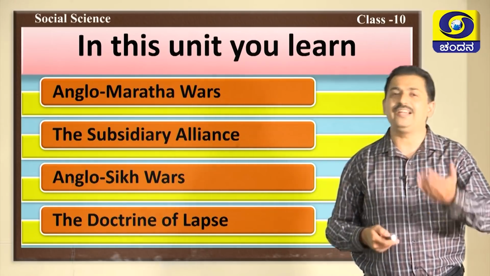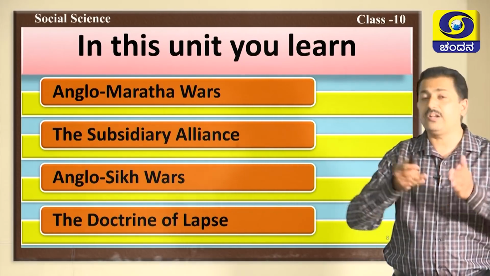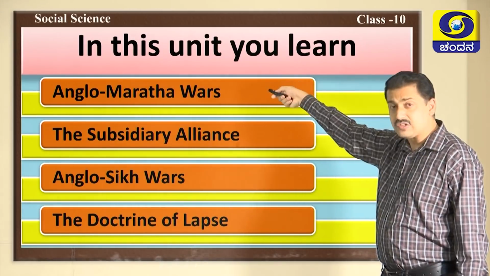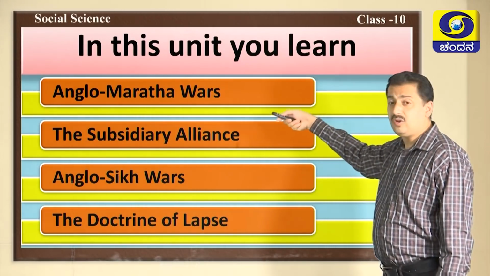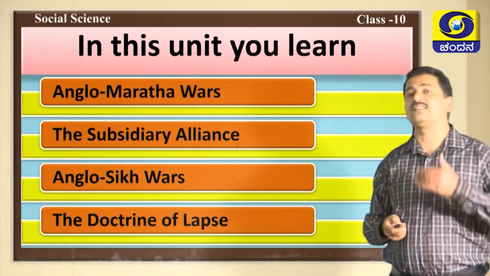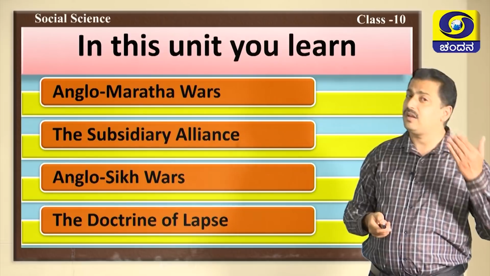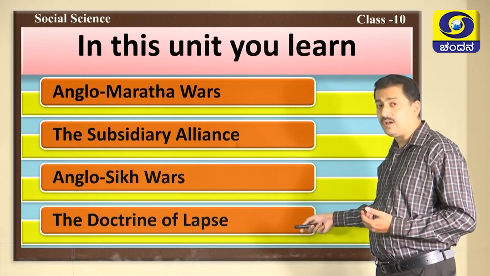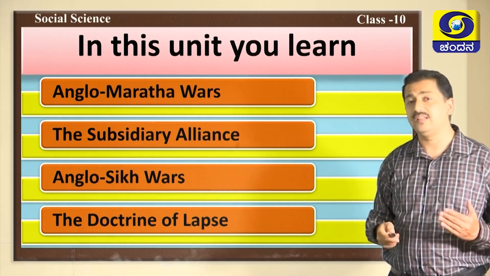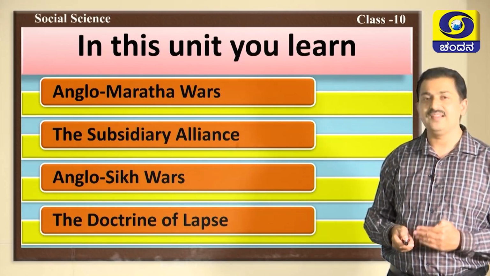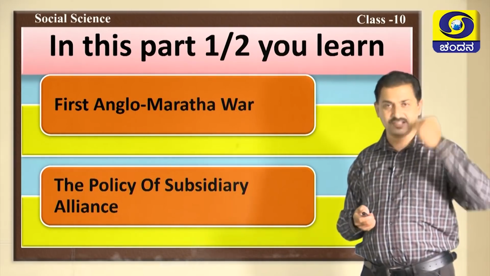As I said in the introduction, this lesson will be taught in two parts, and today you are going to learn the First Anglo-Maratha War and also Subsidiary Alliance. The remaining concepts, I mean the Second Anglo-Maratha War, the Third Anglo-Maratha War, Anglo-Sikh Wars and the doctrine of lapse, you study in the second part of this lesson. Hope you have understood this. Now, let us go to the next one.